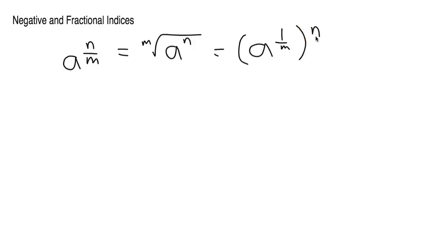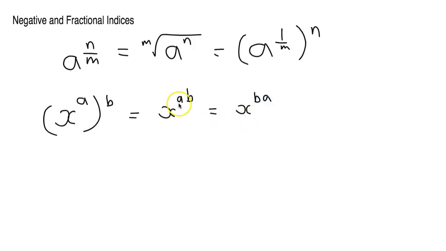So where am I getting this from? Well, if you remember from a previous video, we said x to the a to the power of b is equal to x to the ab. Now that is also the same as x to the ba. They mean the same thing. A times b is the same as b times a.